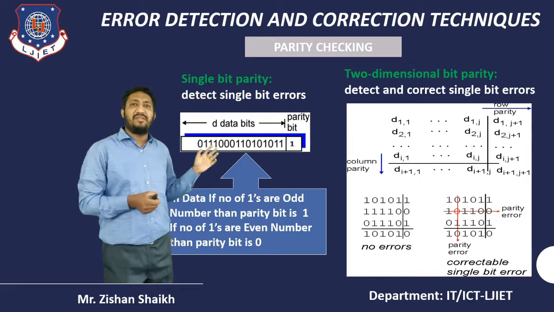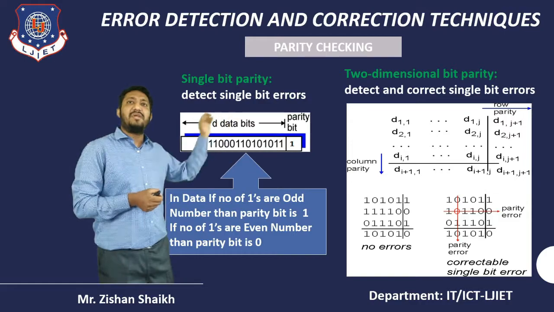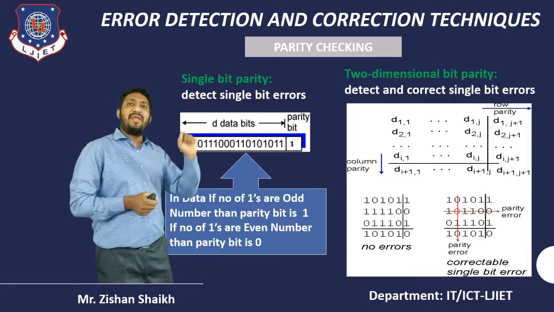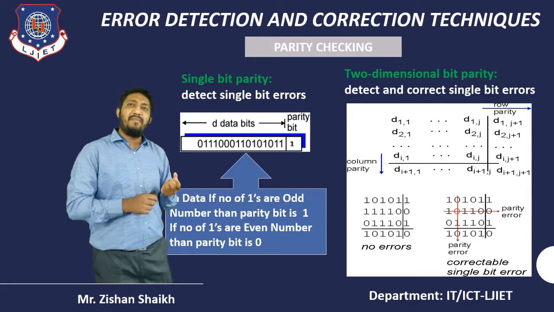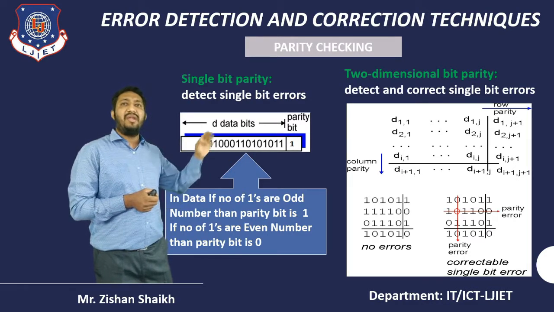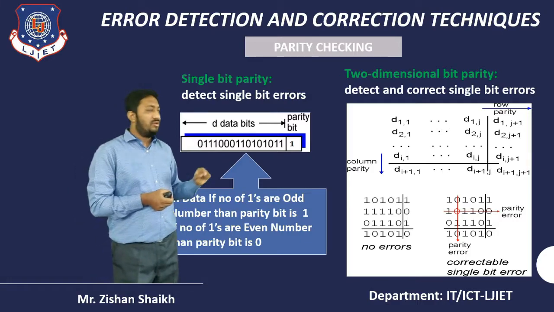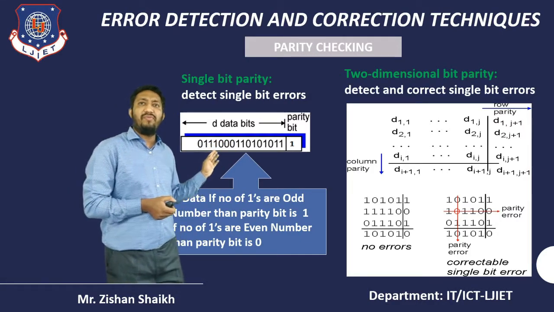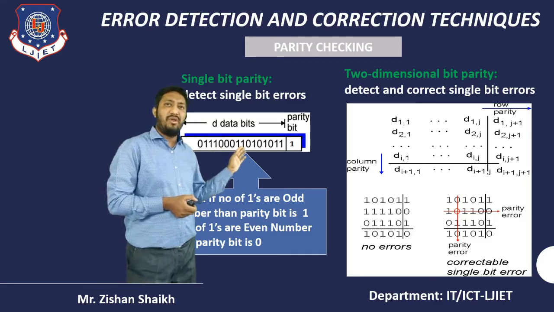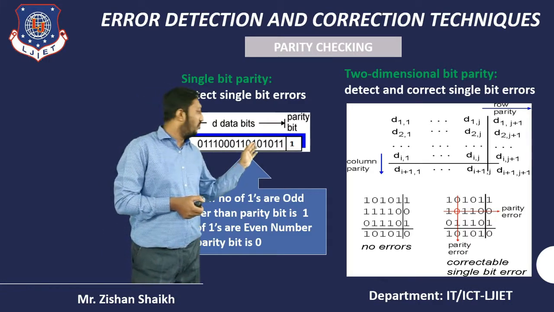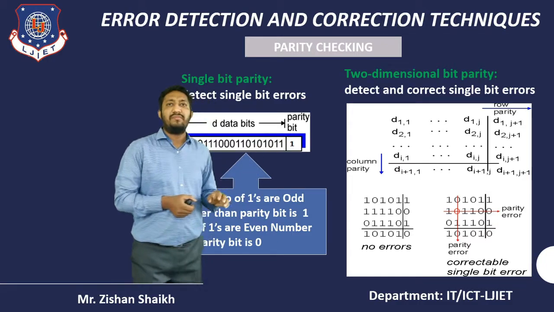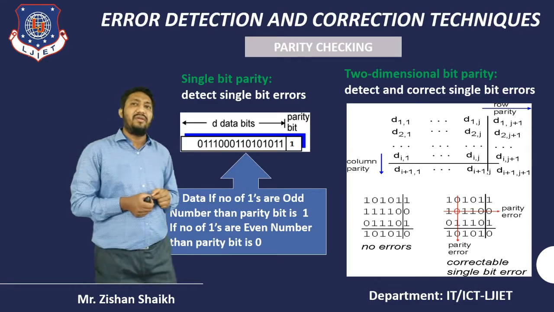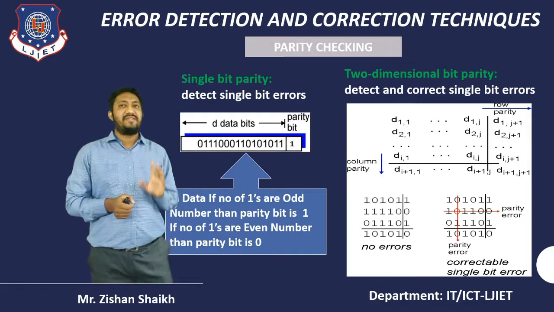Let's understand this with the help of the single bit parity method first. It detects only a single bit error. If any single bit error occurs, it will find it. Suppose we have a data item 0 1 1 1 0 0 1 1 0 1 0 1 0 1 1. Now understand how we set the parity bit at the sender side.